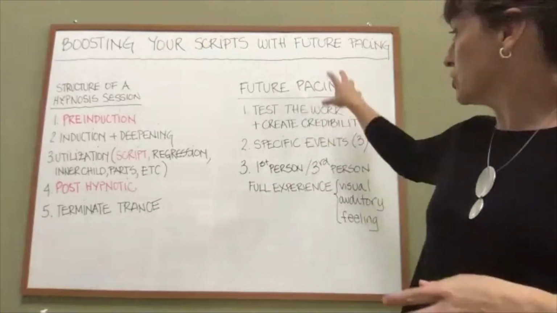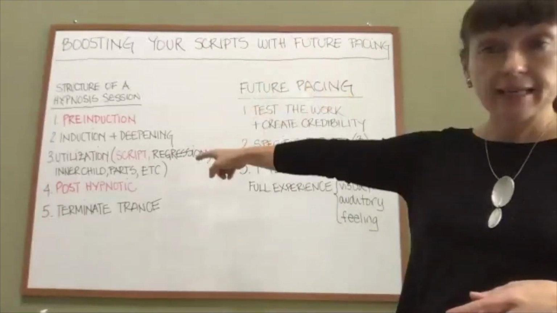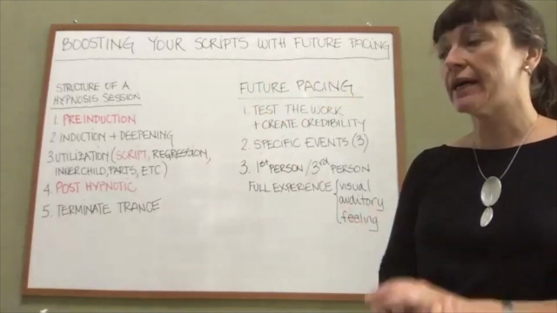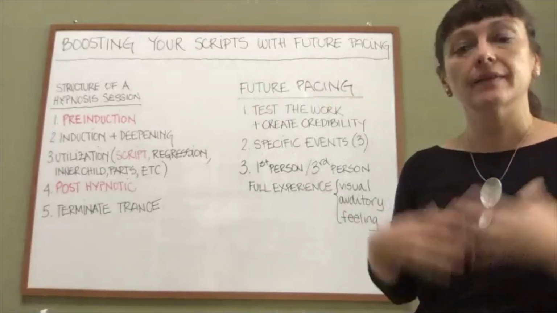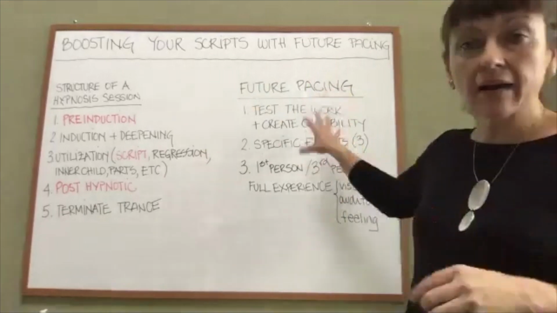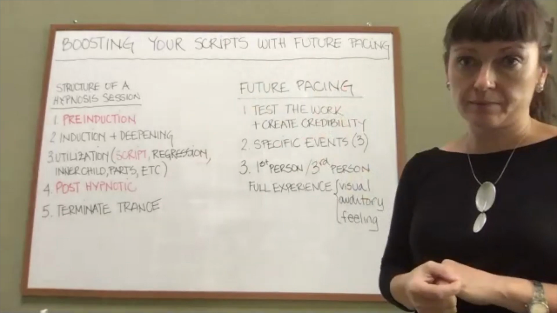How are we going to future pace a client that is in trance? Because at that moment, you might not want to tell them, okay, where would this be useful? And they have to start thinking, they might get themselves more out of trance, right? You want to have that information before they get into trance.